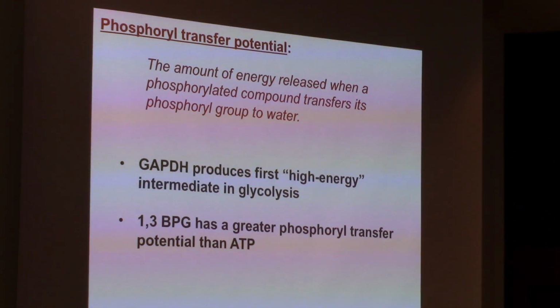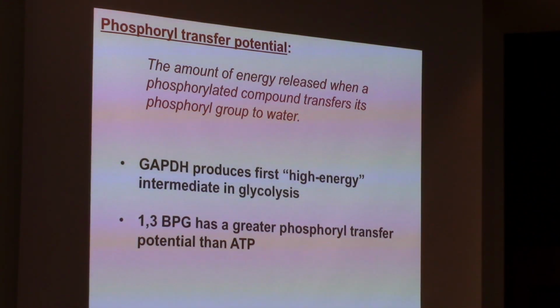This acyl phosphate, the 1,3-bisphosphoglycerate produced by GAP-DH, has a really high phosphoryl transfer potential. It's kind of amazing. And I also want you to recognize that GAP-DH is producing the first high-energy intermediate in glycolysis. So let me tell you a little more about GAP-DH. That first high-energy intermediate is the 1,3-bisphosphoglycerate.